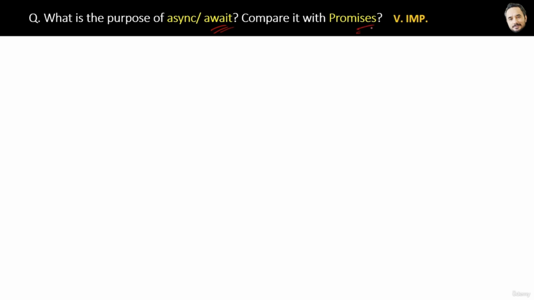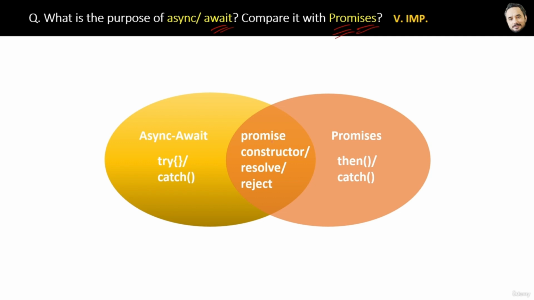What is the purpose of async await? Compare it with promises. A very important question nowadays. First things first, we must have a basic understanding of promises before learning async await, because async await internally uses some of the basic promise things.